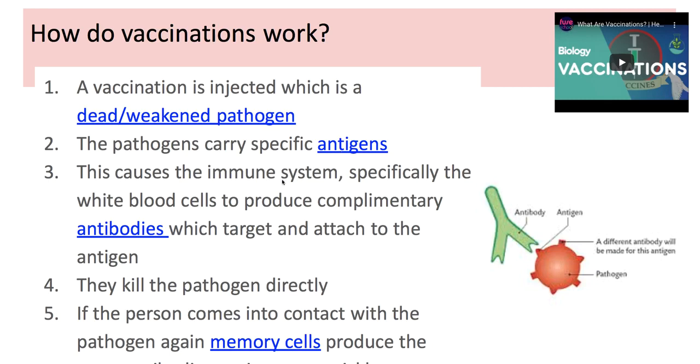These antigens cause the immune system, specifically the white blood cells, remember the lymphocytes and phagocytes we talked about, to produce complementary antibodies which target and attach to the antigen. So here's your antigen, here's your antibody, and they will kill the pathogen.